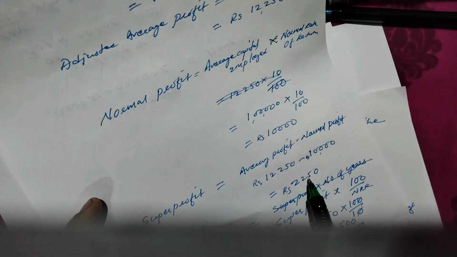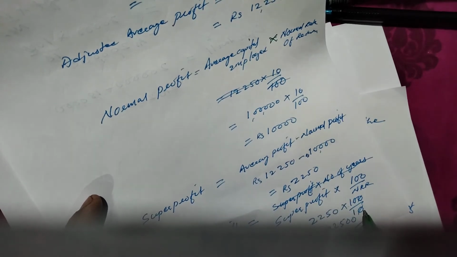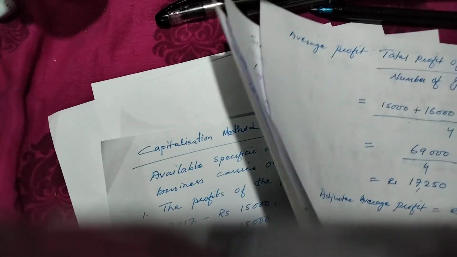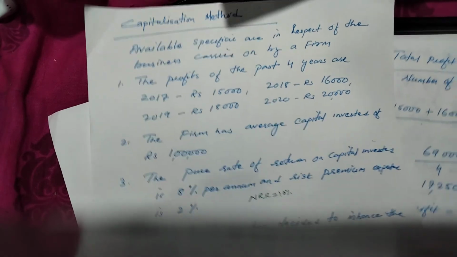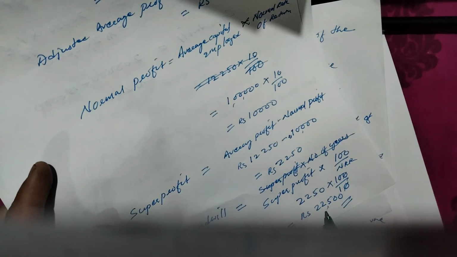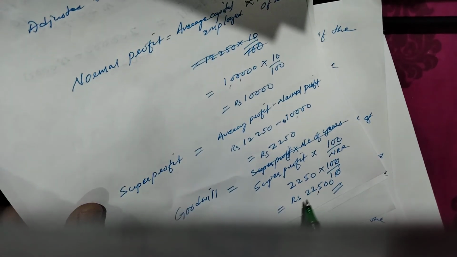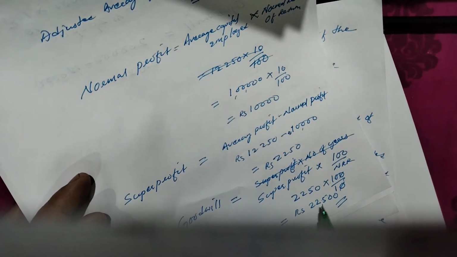So we have got super profit 2,250 into 100 by NRR, which is 10%, because NRR is given in your question: 8 plus 2, 10%. When you calculate, it will be 22,500. 22,500 is your goodwill through the capitalized method of super profit.